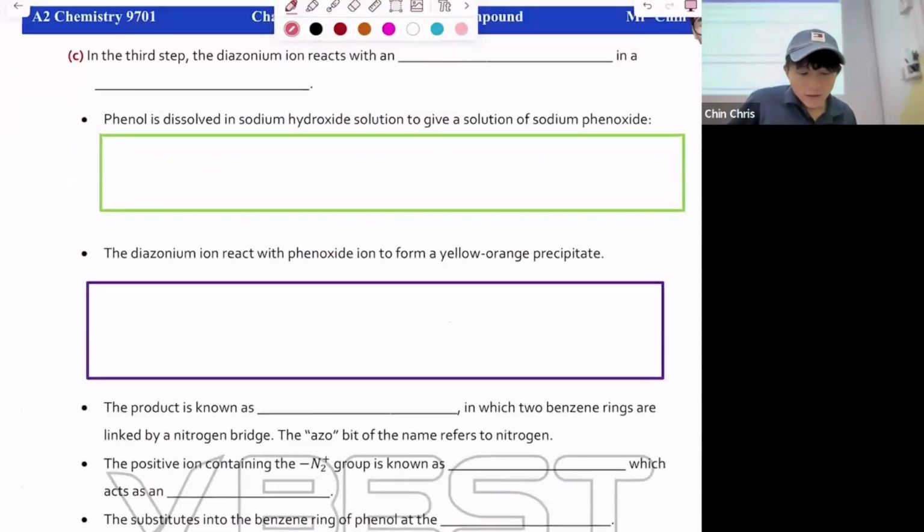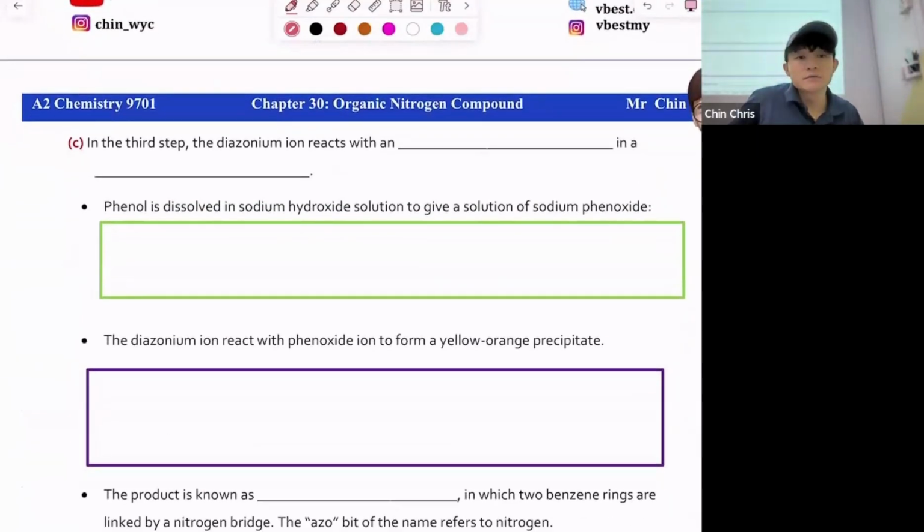All right, guys, next. Let's look at page 11. In the third step, a diazonium ion will react with an alkaline solution of phenol in a coupling reaction.